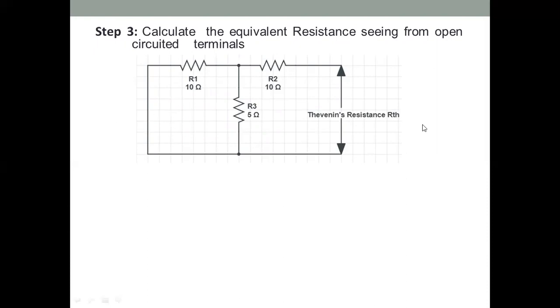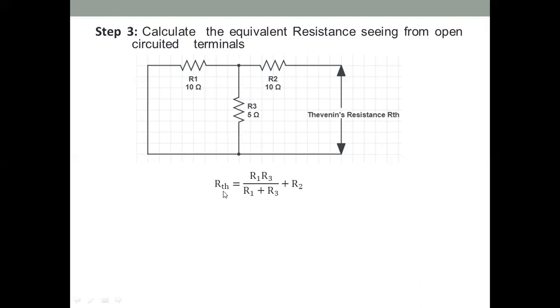If we see from the open circuited terminals, we need to start reducing this circuit from the other end. If we start from the other end, you observe R1 and R3 are in parallel, and finally the resultant will be in series with R2.